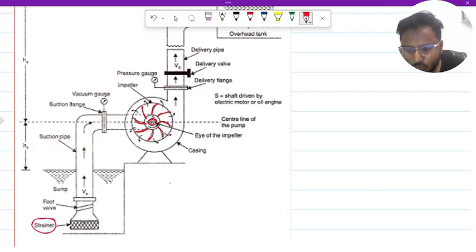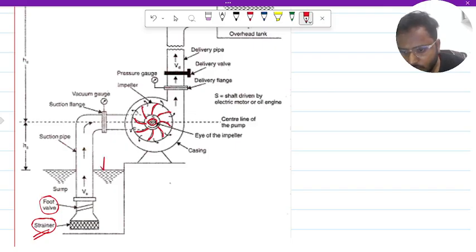As this is ground water, there may be impurities, stone and sand particles, so there must be a strainer. The foot valve opens automatically if the pressure at the pump is low but the pressure at the sump is high.